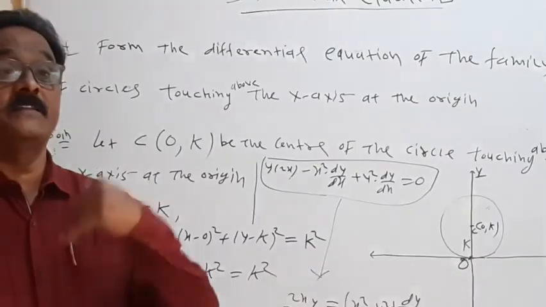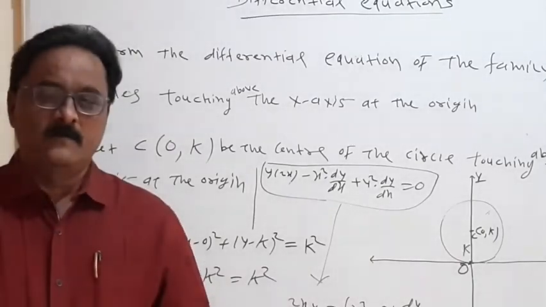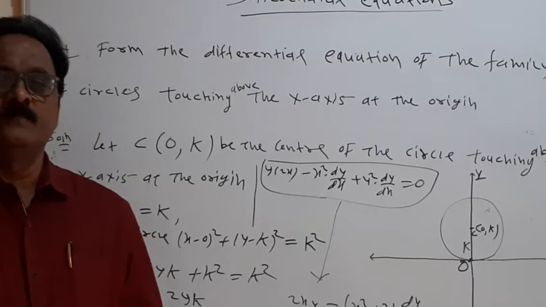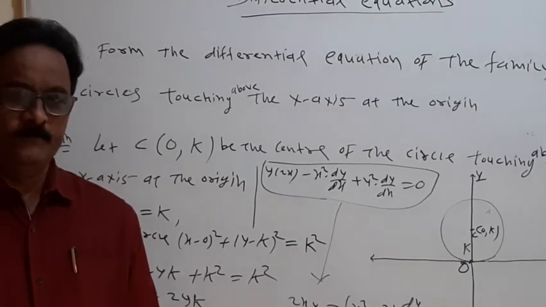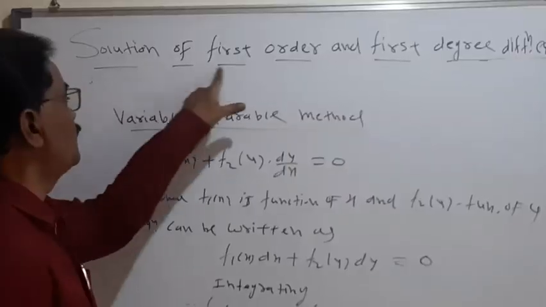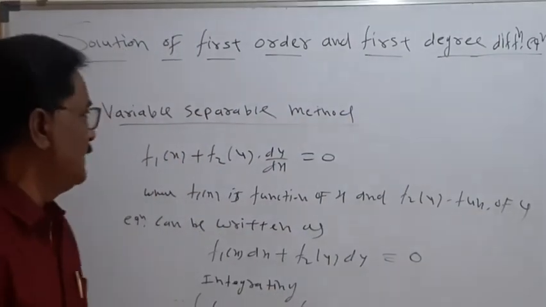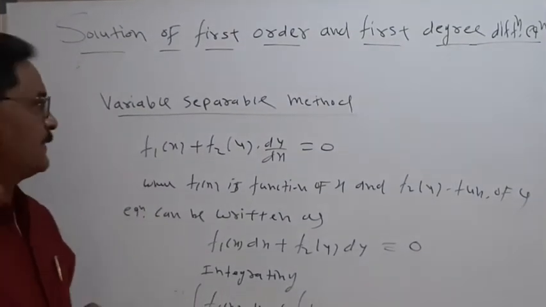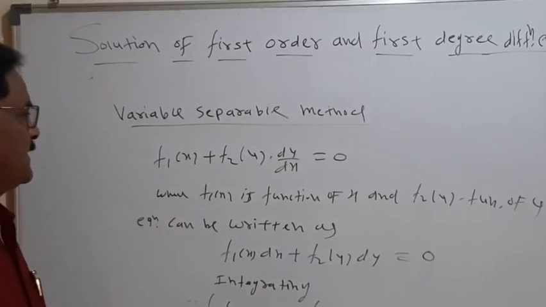And after finding the general solution, for particular values of the arbitrary constants, we get the particular solution also. Solution of first order, first degree differential equation. So there are two types of solution, general solution and particular solution. And different methods of solving the differential equation.